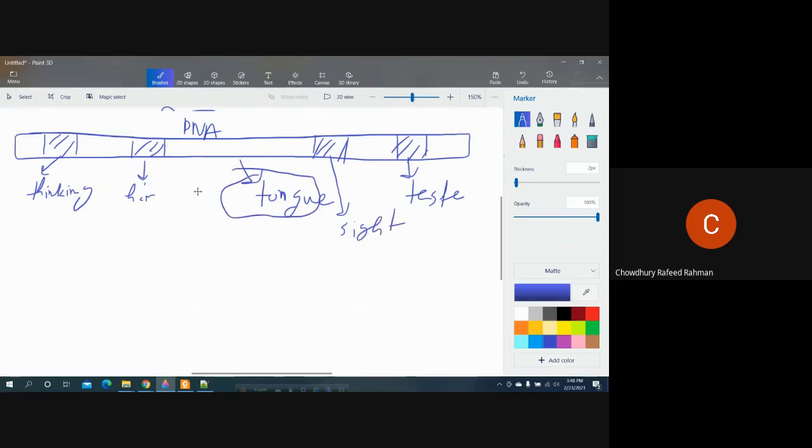This is a tongue cell. Now for the tongue cell, which one of these places should be expressed? Taste. And all other places will be repressed. So this tongue cell will have the same DNA as the brain cell or hair cell.